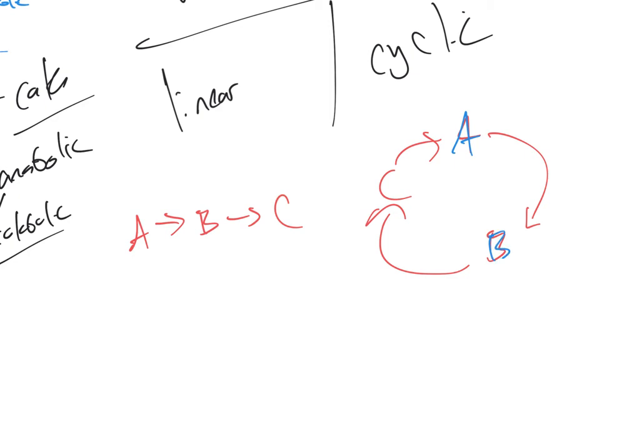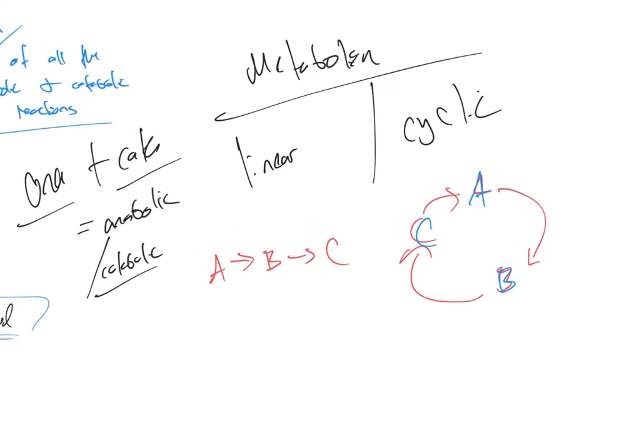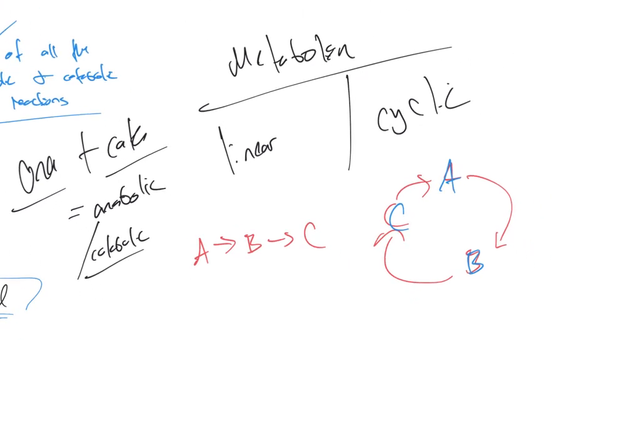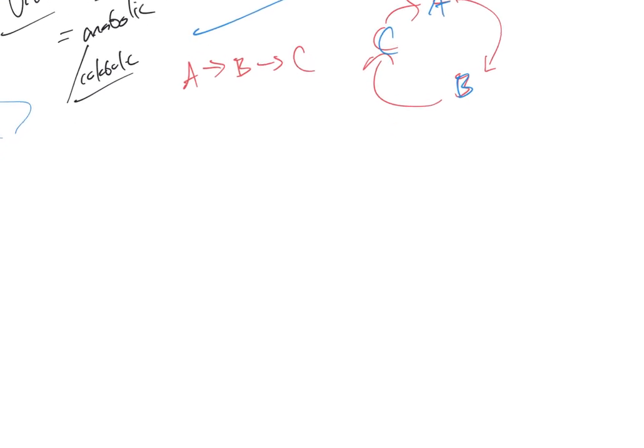That's it. There are two types; these would be metabolic pathways. They can be linear and they can be cyclic. I'll give you examples.